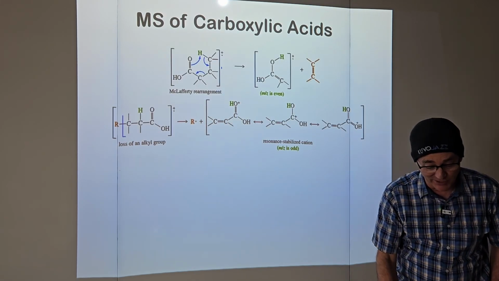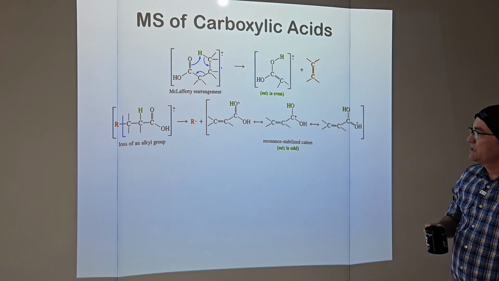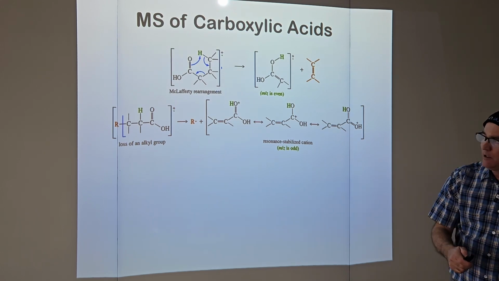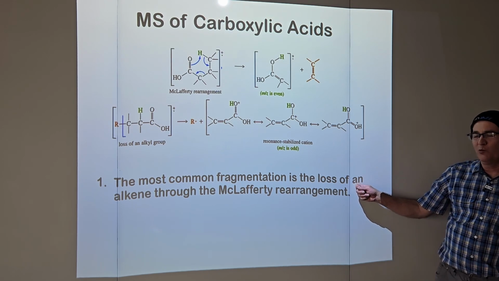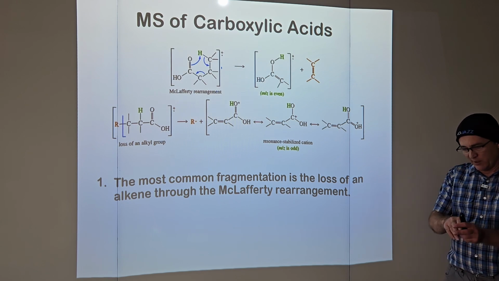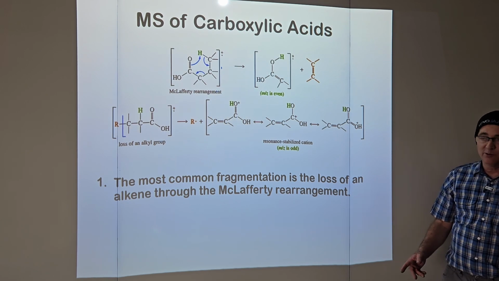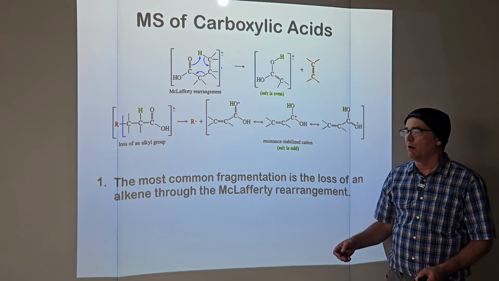Now the exciting part, at least it's exciting for me, the mass spec of carboxylic acids. What's going to be the telltale signs in the spectrum? So you've seen this before when we did an aldehyde. We had an unknown, we knew the molecular formula, and we deduced that it was like butanol.